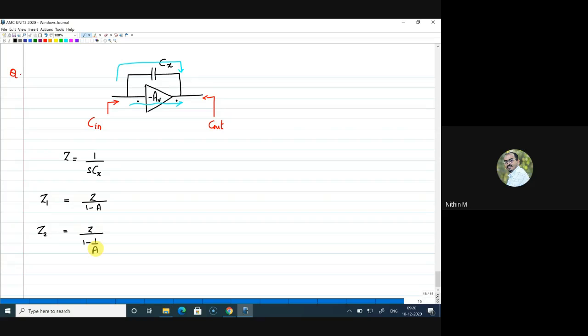All right. So now can you tell me what is C in or C1? Since we are writing Z1, I'll call this C1 and this C2. Can I get answers in the chat box? What will be C1?